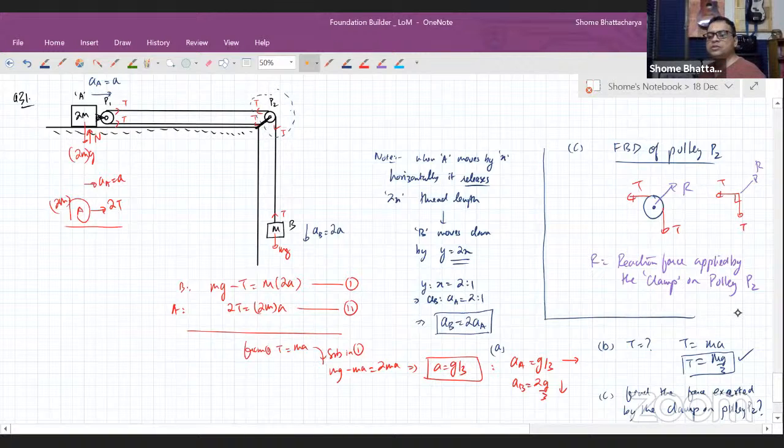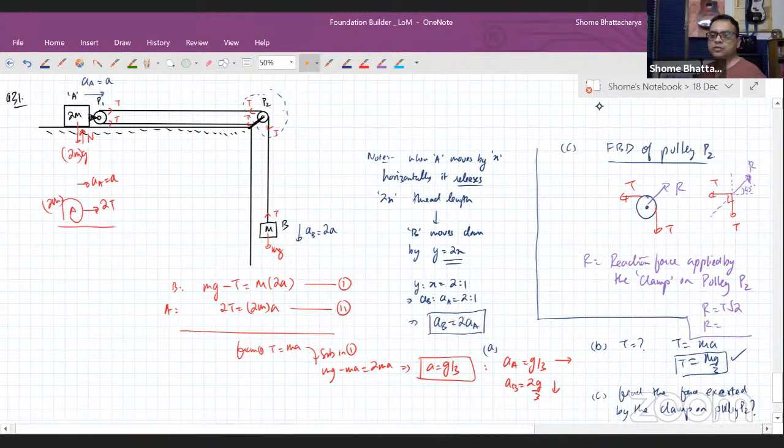It will come out to be T root 2, and it will act along this bisector, along the 45-degree angle like this. So R will be mg root 2 by 3, acting at 45 degrees to the horizontal. So hope this last part is clear.